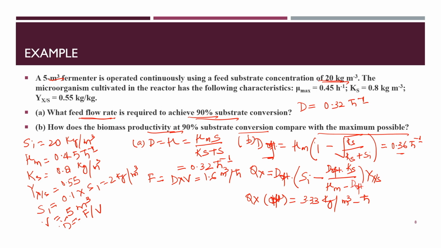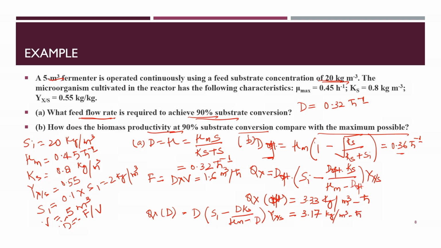So, if you calculate Qx at the given value of D from part A, it should be D times (Si minus D Ks upon mu max minus D) into Yx by s, and this value comes out to be 3.17 kg per meter cube per hour.